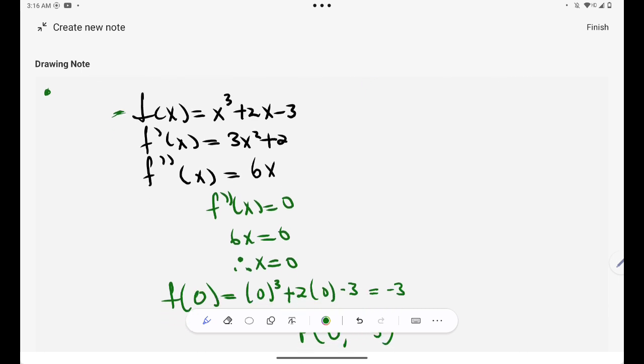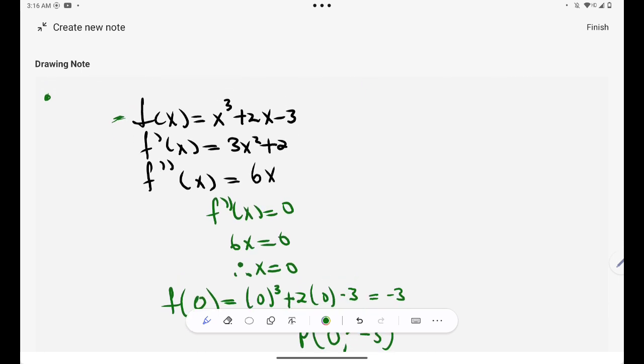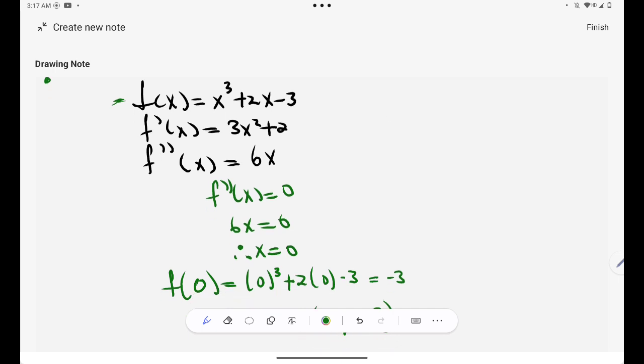Are you together? For me to find the gradient, please note, guys, the gradient of a tangent to the curve is equal to the derivative of the curve at a specific point. So I know that my f prime of x is equal to 3x squared plus 2.